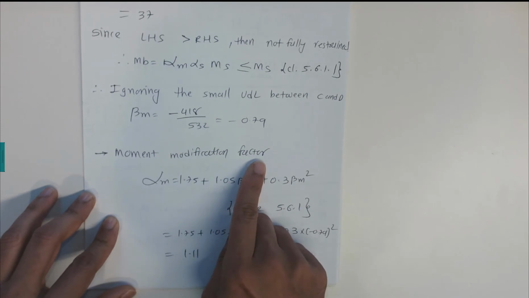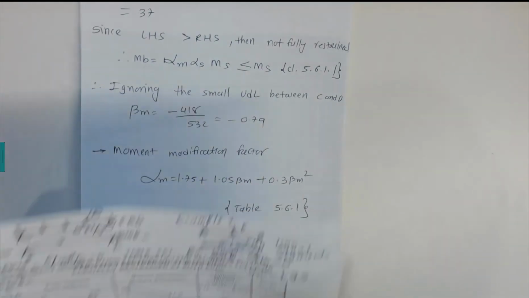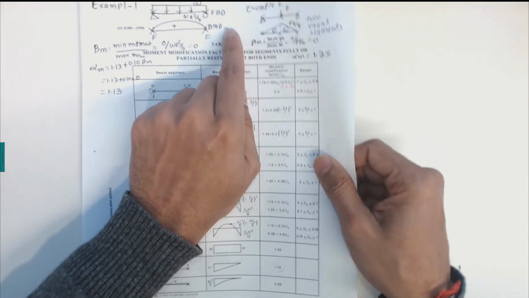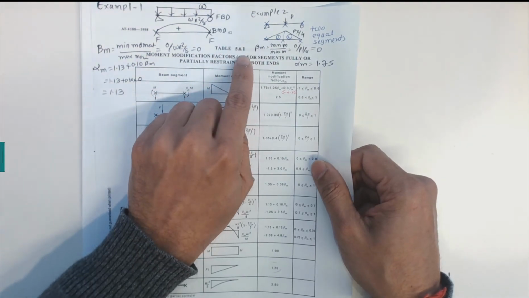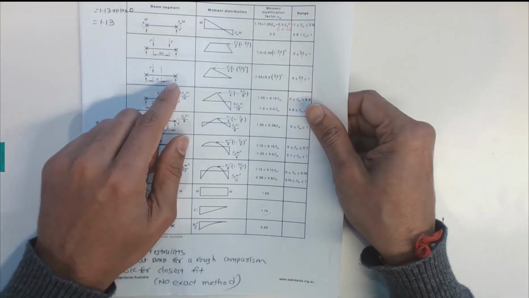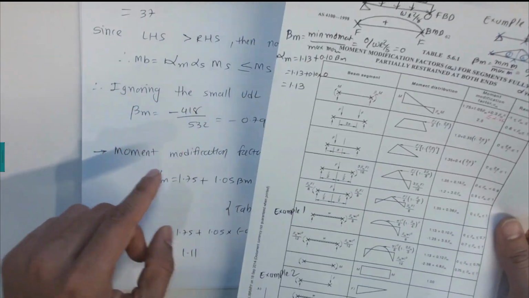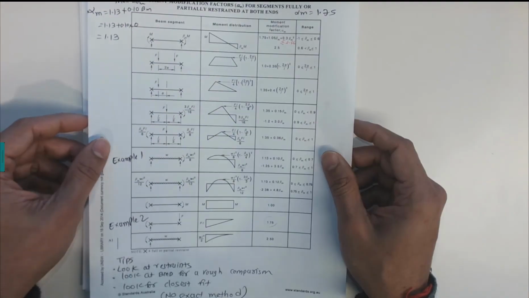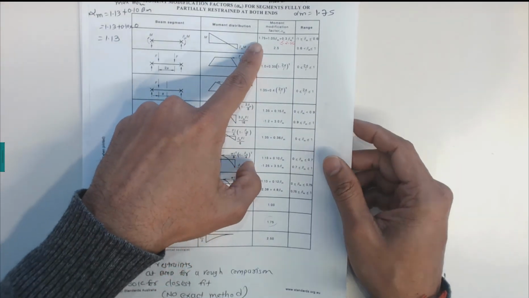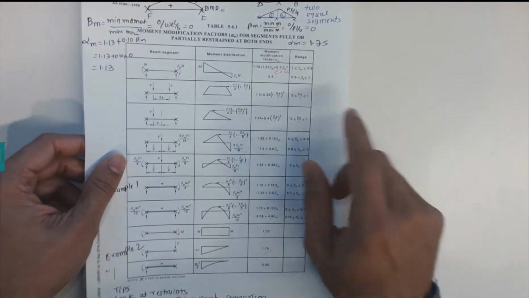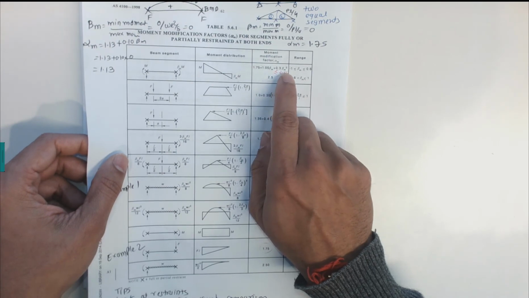Now the moment modification factor alpha m is given on page 62, table 5.6.1. If you remove the UDL load, we have just a concentrated load. In this case we can take 1.75 plus 1.05 beta m plus 0.3 beta m squared.